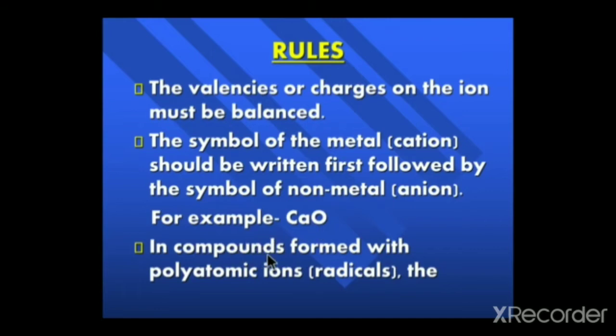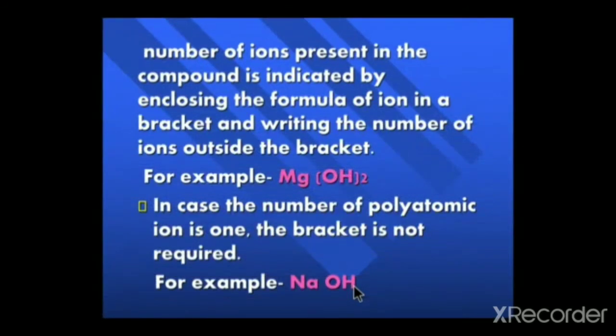Third one, in compounds formed with polyatomic ions, which are also known as radicals, the number of ions present in the compound is indicated by enclosing the formula of ion in a bracket and writing the number of ions outside the bracket. Students, this is very important point.